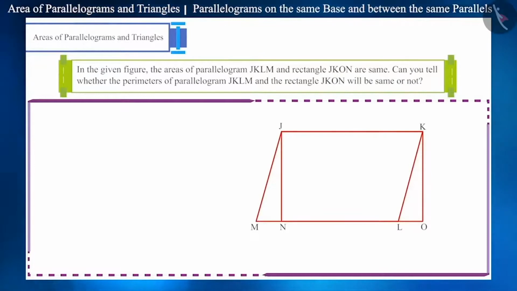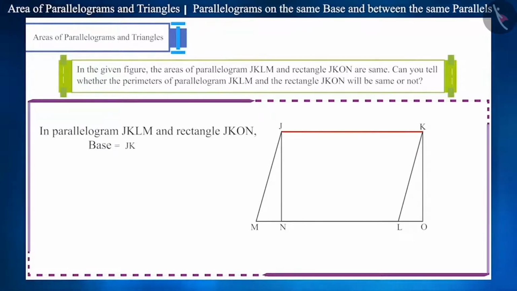In the given figure, parallelogram JKLM and rectangle JKON have a common side JK. We can say that their base is also same, which is side JK. We know that a rectangle is also a parallelogram. So we can say that these two parallelograms lie between the same parallel lines JK and MO.